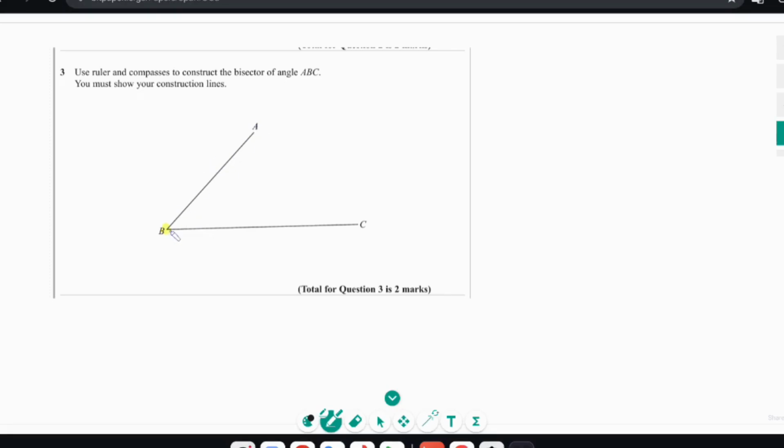Draw an arc on each line. Keep your compass open that distance, put your compass point here and draw an arc. Do the same thing from here, and then join up B with where your arcs meet, and that is your angle bisector.